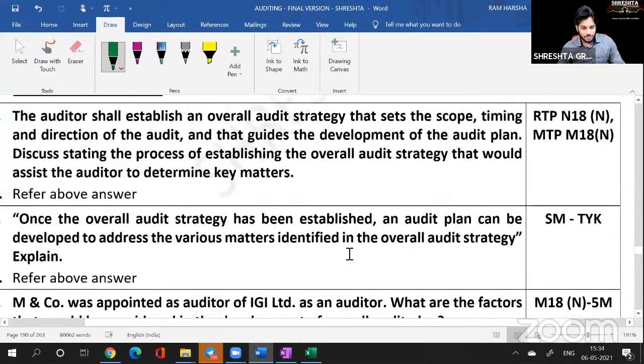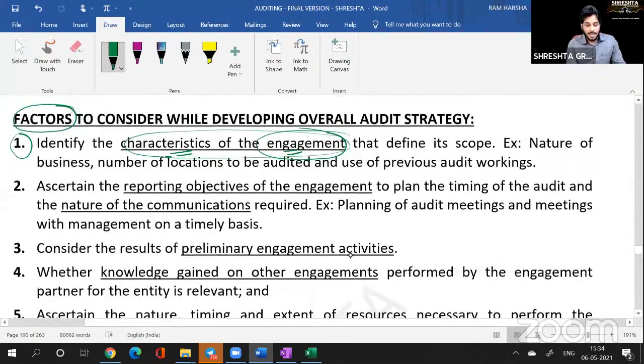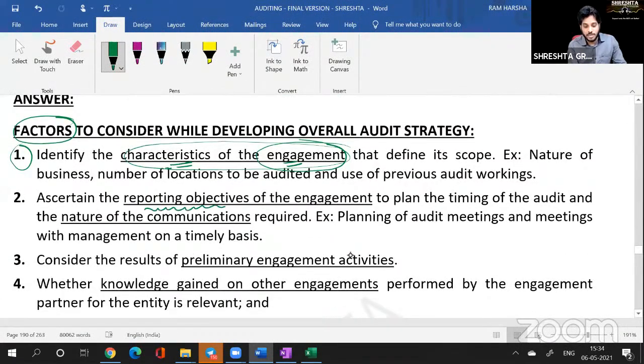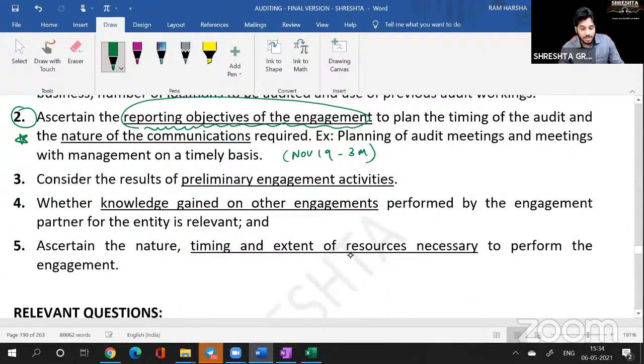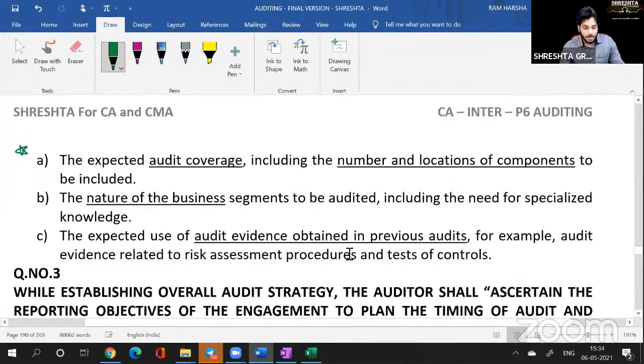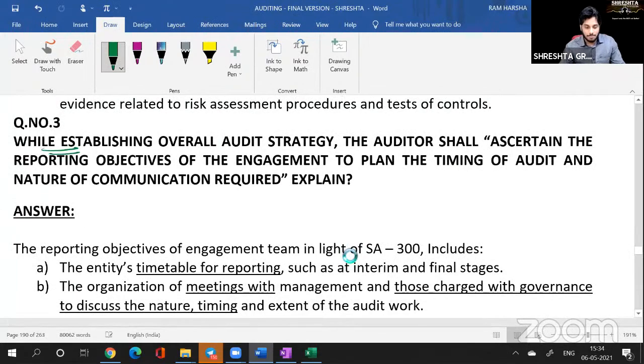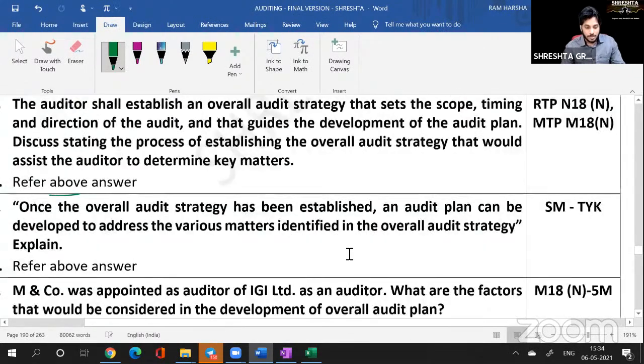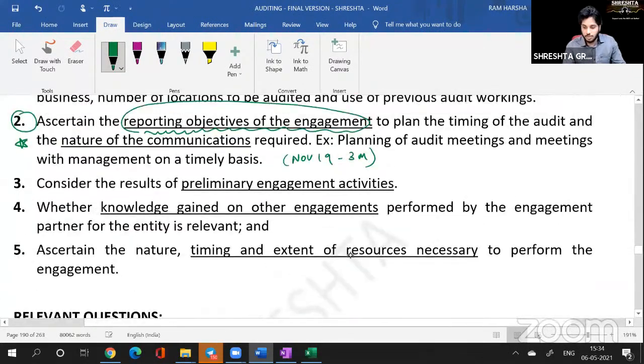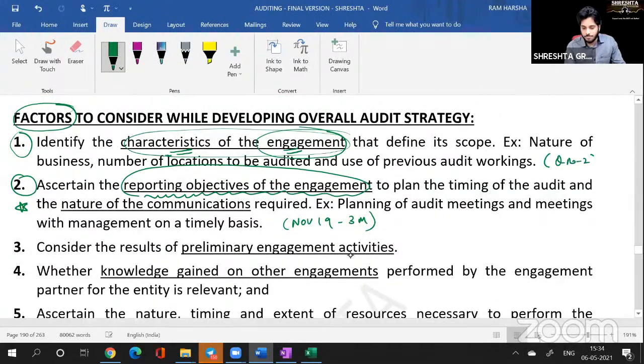Then again, if you see the second point, what are they saying? Ascertain reporting objectives of the engagement. This question was asked in November 2019 for 3 marks. This second point you will find in question number 3. For this you have a detailed answer in question number 3.